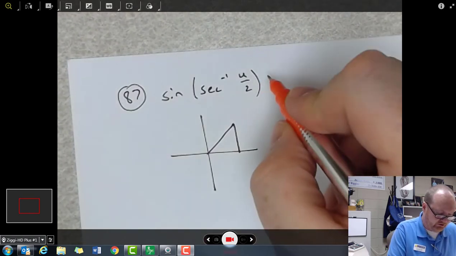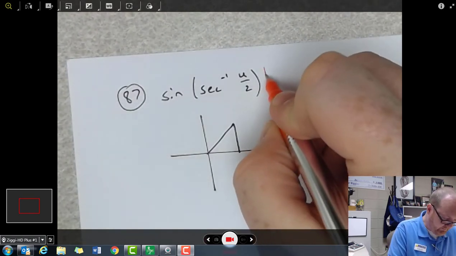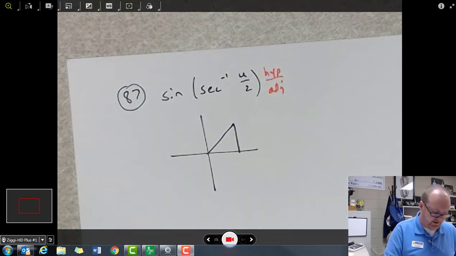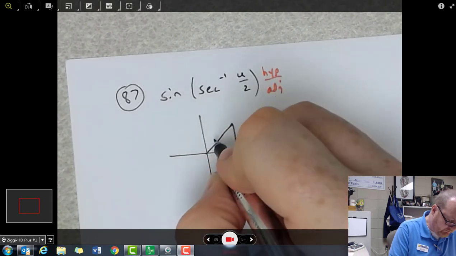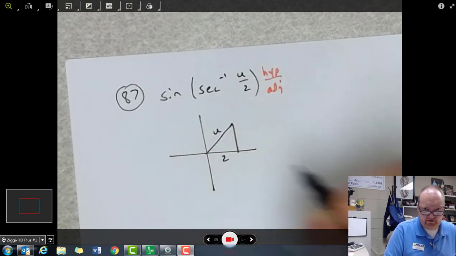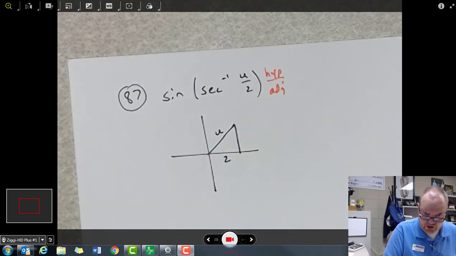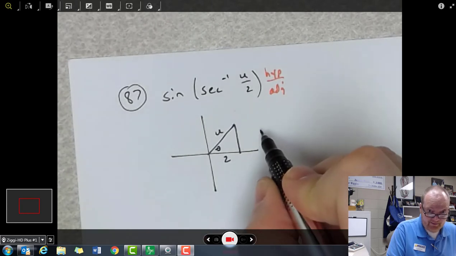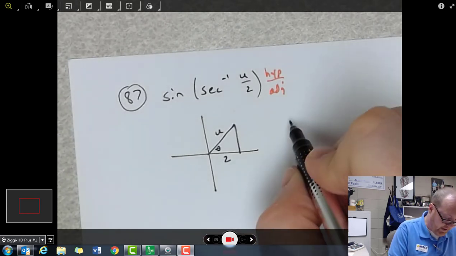So if cosine is adjacent over hypotenuse, then secant is hypotenuse over adjacent. So I'll label that triangle accordingly. I want the hypotenuse to be u and the adjacent to be 2. So I need the sine of that angle, which means I need this opposite side. So once more, Pythagorean theorem.